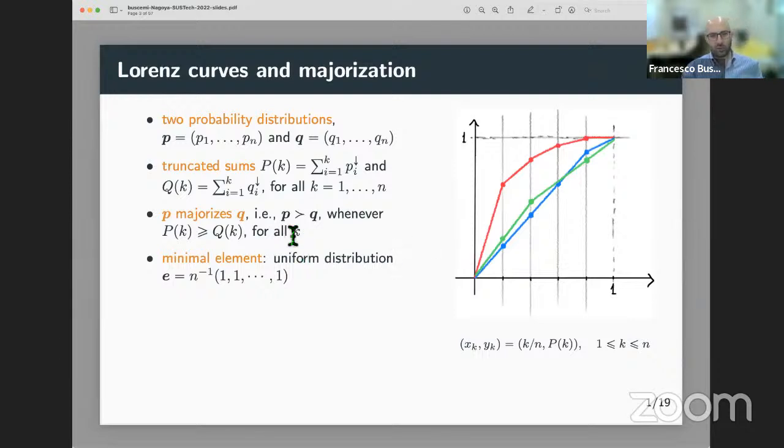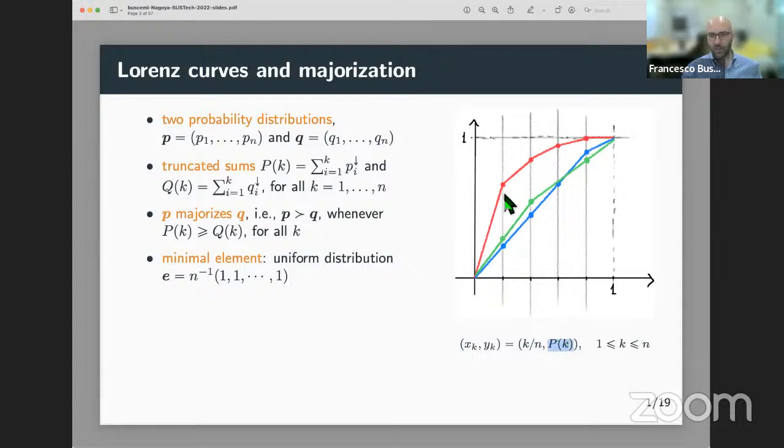So you can actually draw this condition in this way. You can put points here. Each line here corresponds to some probability distribution, and each point here will have these coordinates. You have an x coordinate, which is uniformly distributed, and the y coordinate is this truncated sum, this kind of cumulative function.